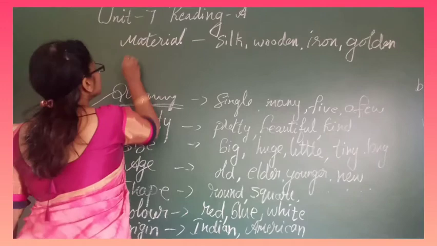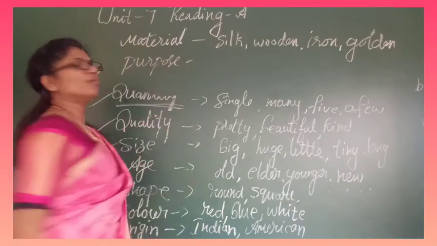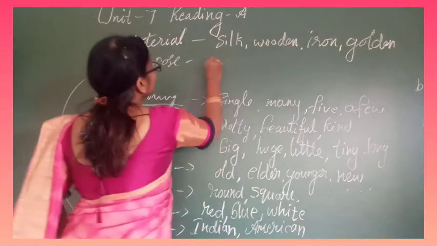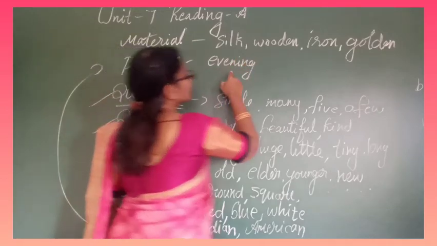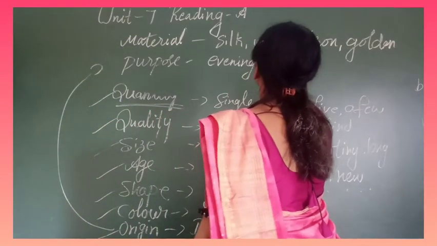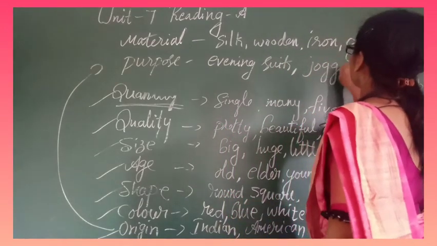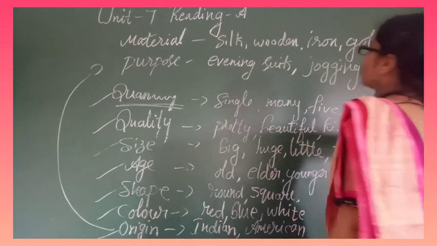Okay, the last one is purpose. Like what kind of books do you read? Story books. That is purpose, like evening suits, evening night dresses, jogging shoes, running shoes, or story books.